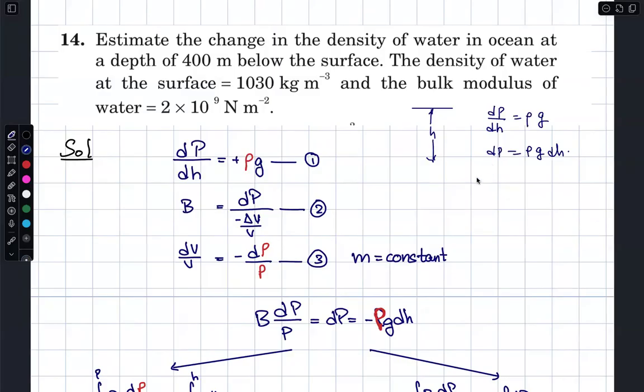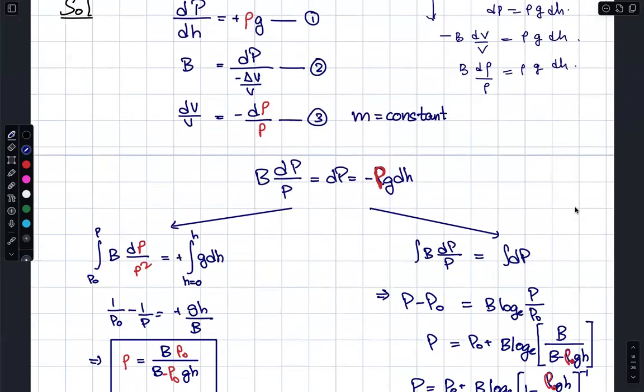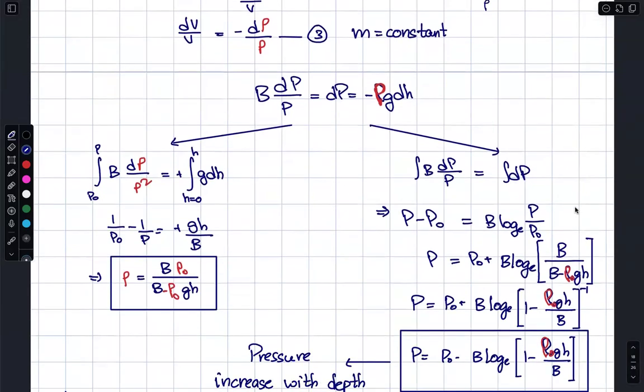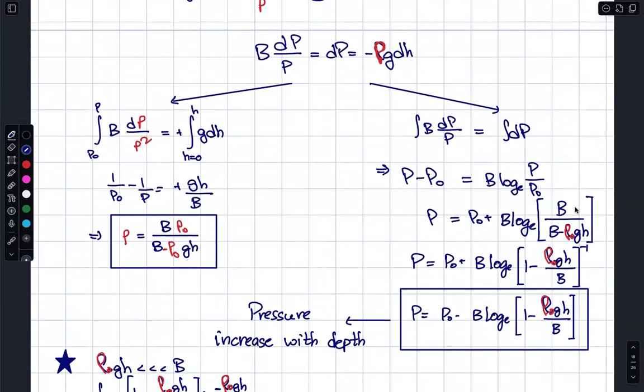But this dP is, by the bulk modulus definition, minus B dV by V, which equals rho g dh. Just now I have derived that minus dV by V can be written as d rho by rho, so d rho by rho equals rho g dh. That's all. You do the integration part, you'll get the answer.